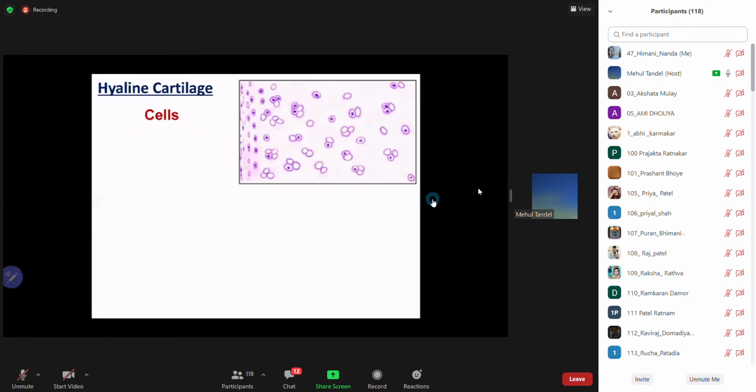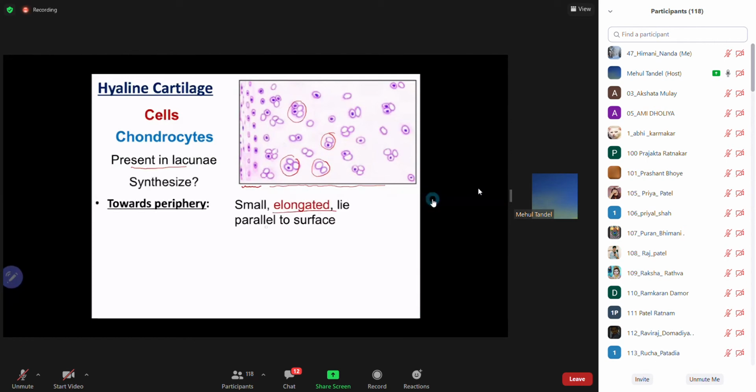In hyaline cartilage, perichondrium will be present. Then you should write the arrangement of cells. Here we are discussing only important things. All chondrocytes are present in lacunae.